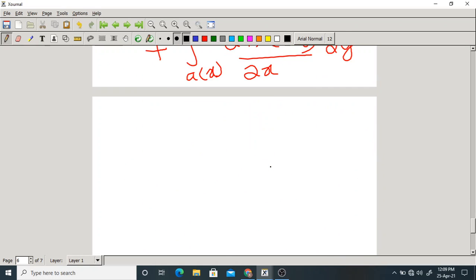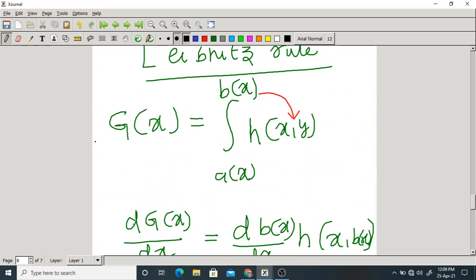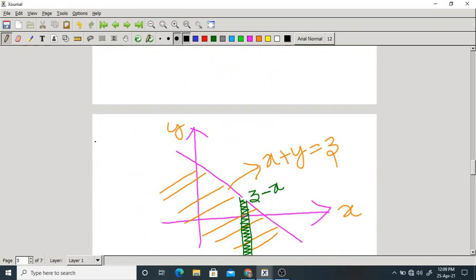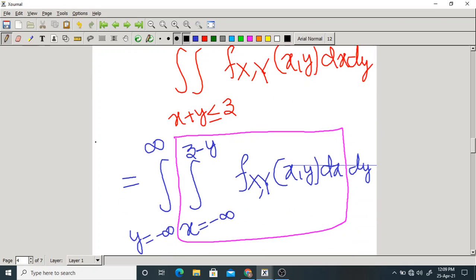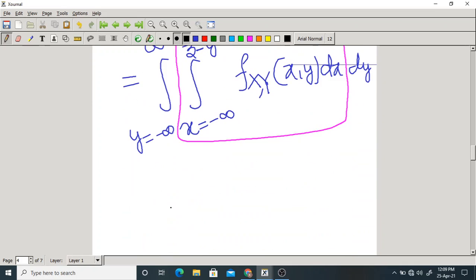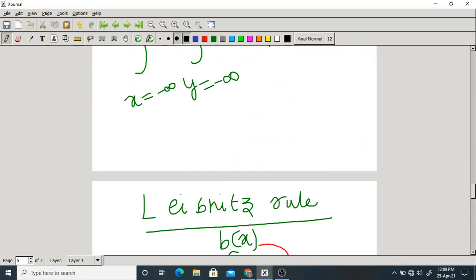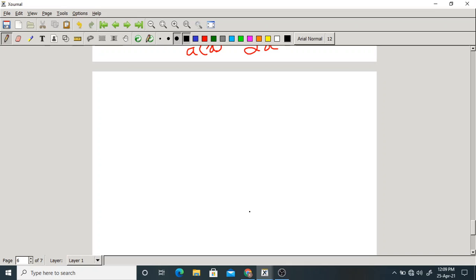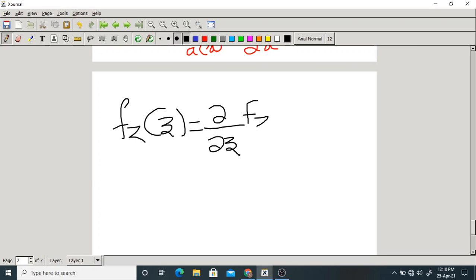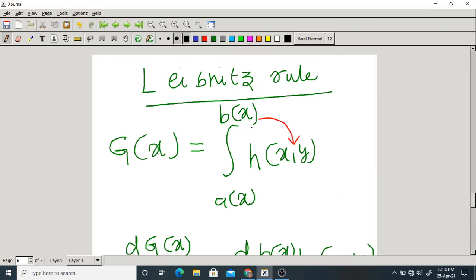remember what we have here. What is this actually? This is nothing but the CDF of Z, that is F Z of z. You want the PDF, so we differentiate the CDF: f Z of z equals the partial derivative with respect to z of its CDF. To find this differentiation, we are using this Leibniz rule.